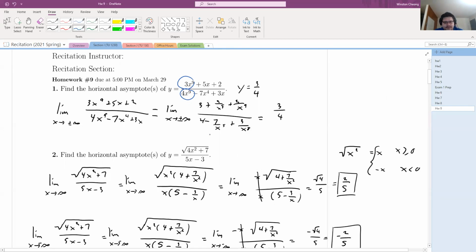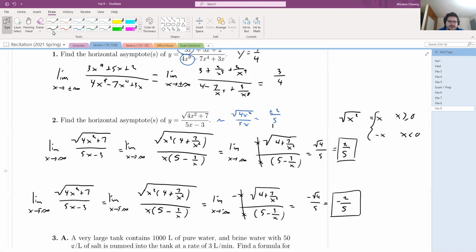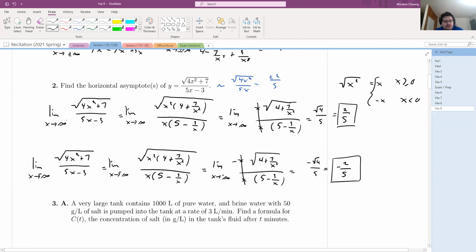So let's do this in an approximate case. You estimate that this is going to behave like the square root of 4x squared over 5x, and that is just going to be plus or minus 2 over 5. When you take the square root this time around, you just have to put the plus or minus in front, to be cautious about this kind of splitting that happens.